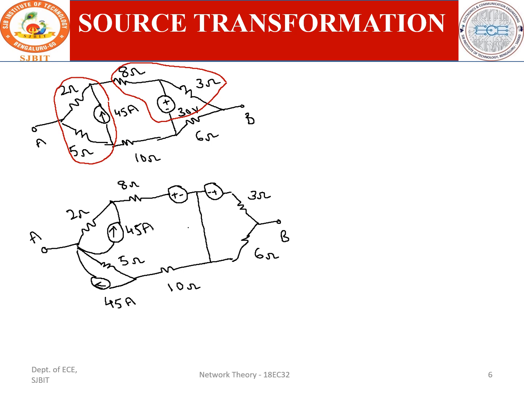Okay, now you can convert this. Further, if you want to simplify this, you can convert this current source into a voltage source. Again, this current source is converted into a voltage source. So after converting this, we can write a diagram like this.